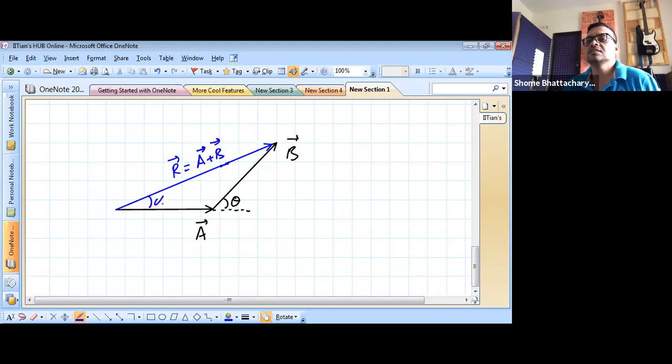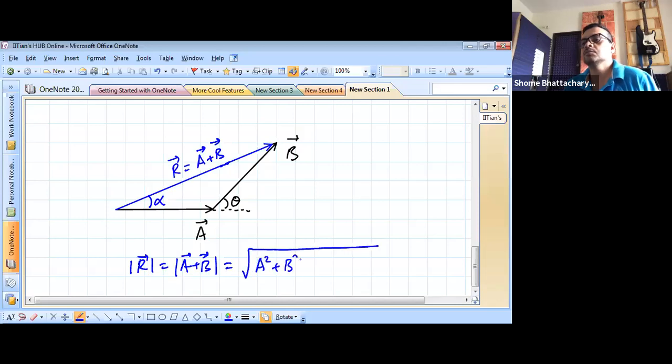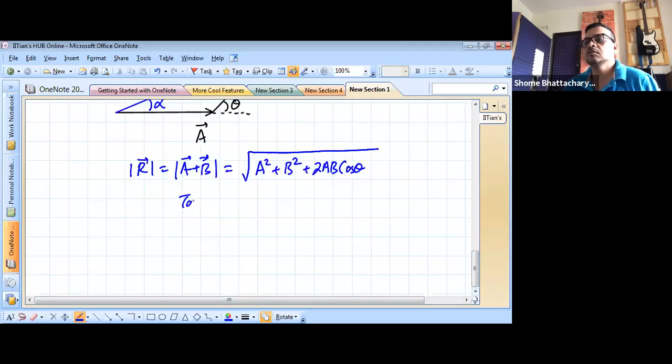And suppose this angle is alpha. We can see that the magnitude of the resultant, which is nothing but the magnitude of A plus B, we derived was given by this formula, which is called the triangle law formula: square root of A squared plus B squared plus 2AB cos theta, and the angle alpha is given such that tan alpha is equal to B sin theta upon A plus B cos theta.